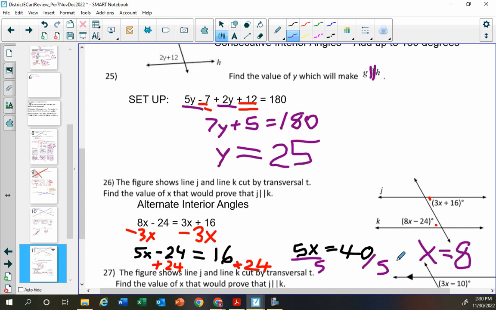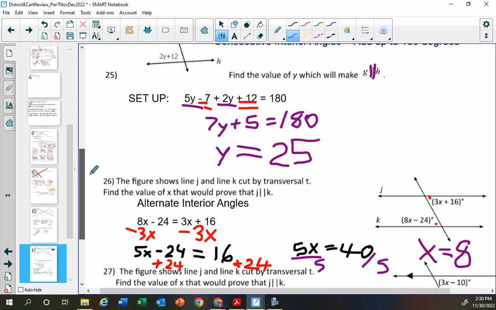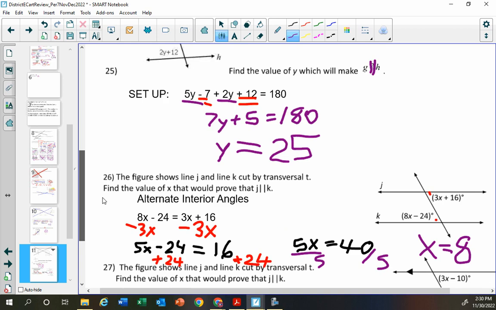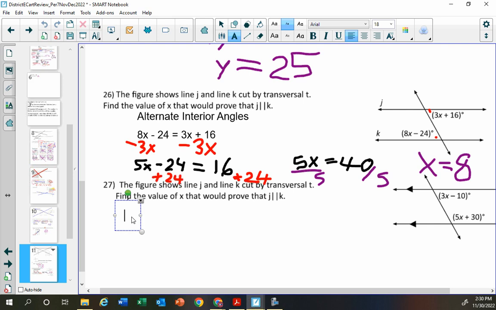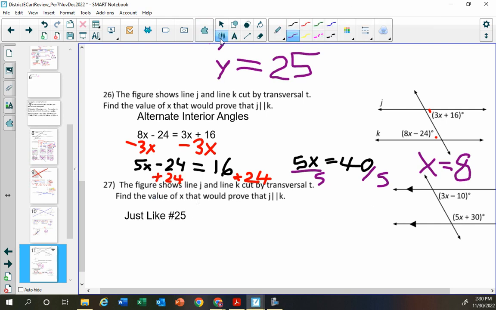Now, you're not going to have to do 27. I'm not going to have you do 27 only because you know how to do 25. 27 is exactly like 25. If you want to try it, fine by me, but you don't have to do it.